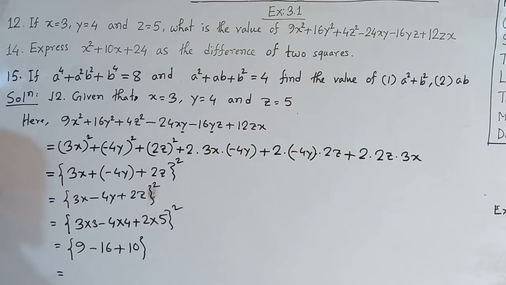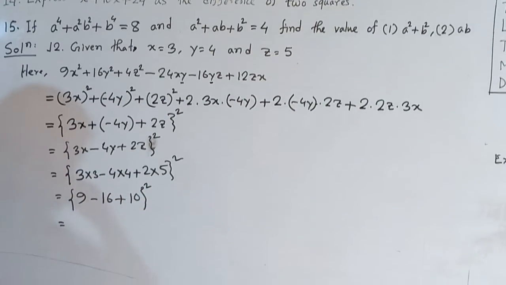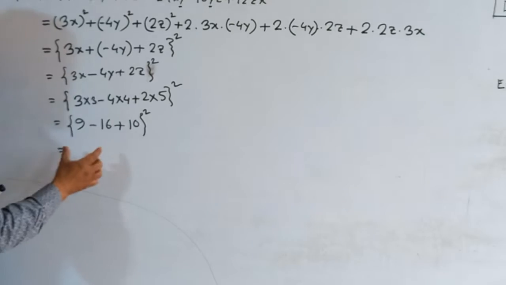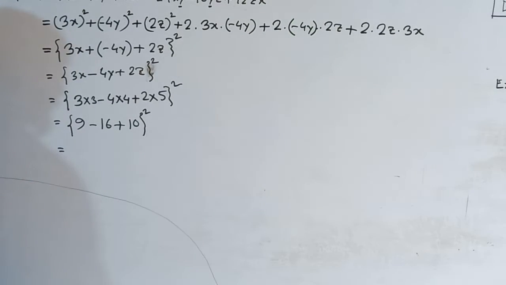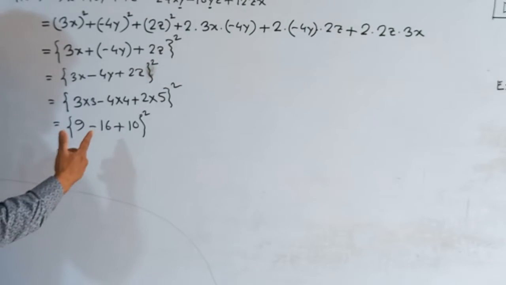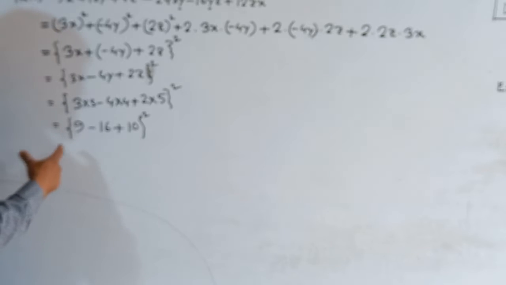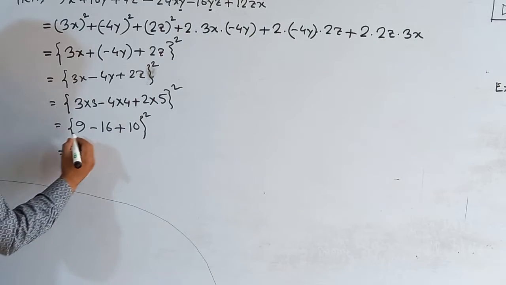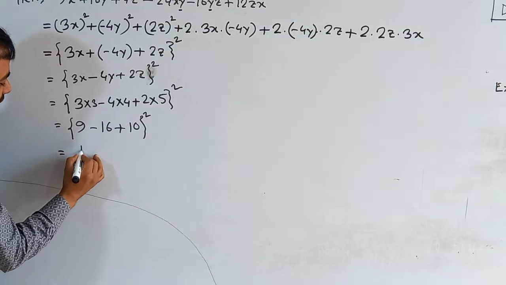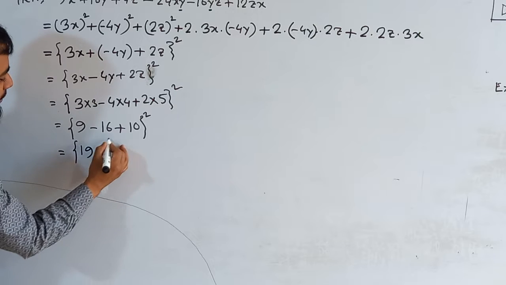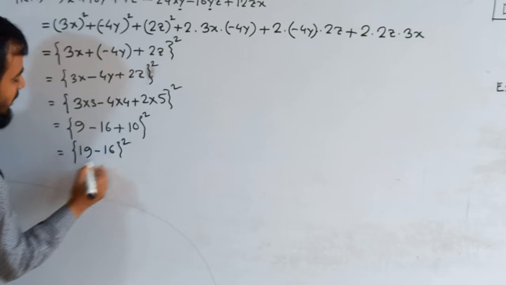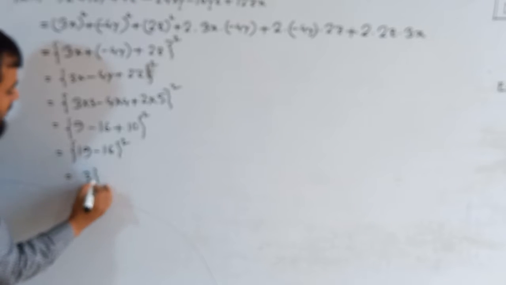Now we should do the addition and subtraction. My dear students, you must apply the BODMAS rules: the addition first, then the subtraction. 9 has a plus sign because it has no sign, and 10 has a plus sign. So 9 plus 10 makes 19. Minus 16 remains unchanged, and that's squared. So it will be 3 squared, that's equal to 9, which is our required answer.